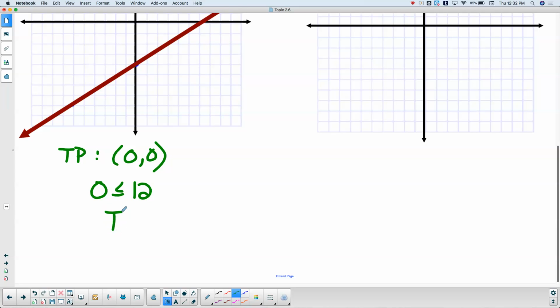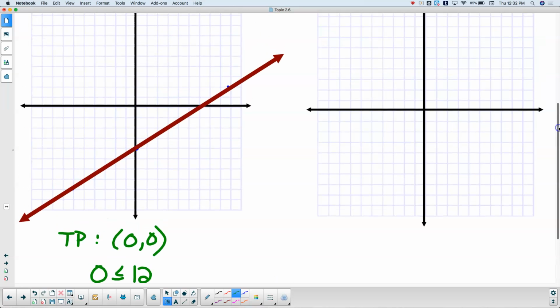So with that being a true statement, then my test point was here.